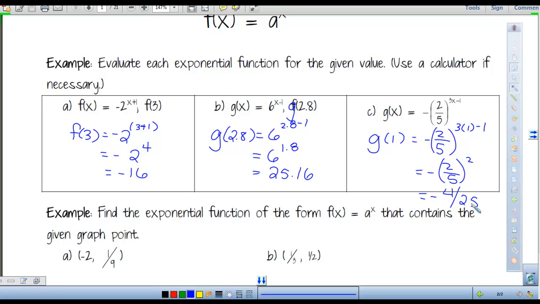All right. Next thing we want to look at, it says find the exponential function of the form f of x equals a to the x that contains the given graph point. So basically we're doing some modeling.